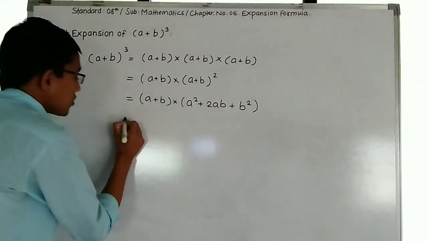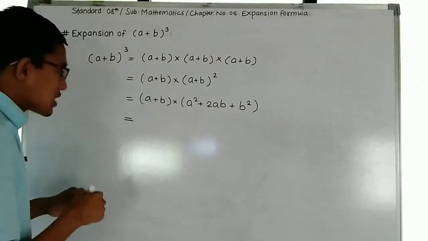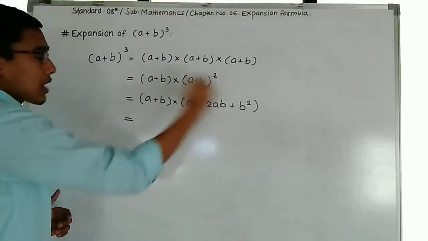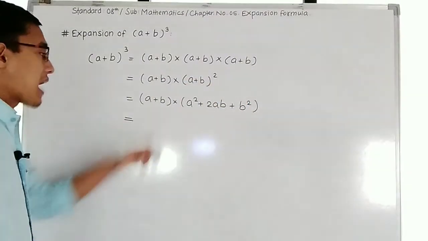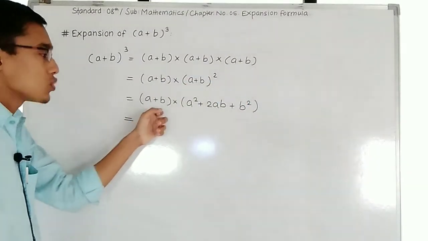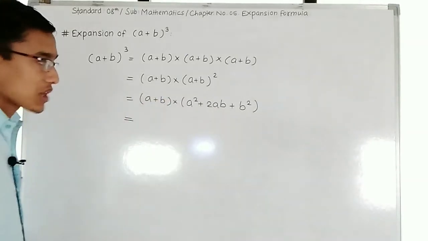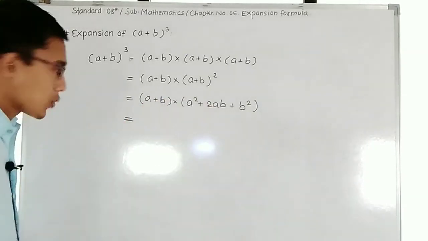Now I will multiply the first term of the first bracket to the entire second bracket, and the second term of the first bracket to the entire second bracket. That means we are going to do a multiplication to simplify the above equation.